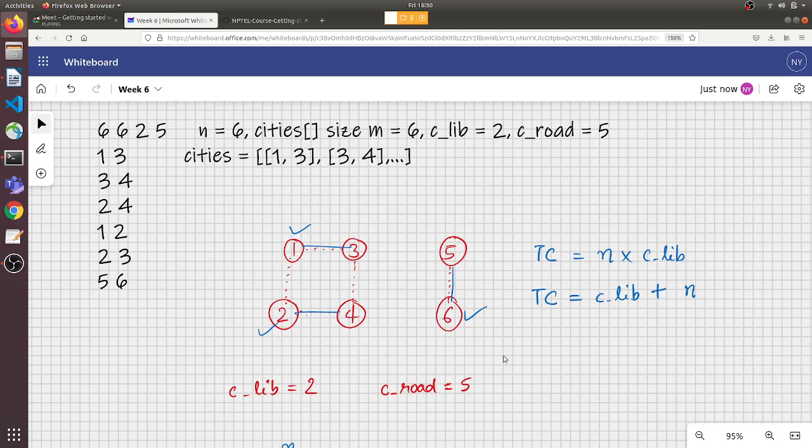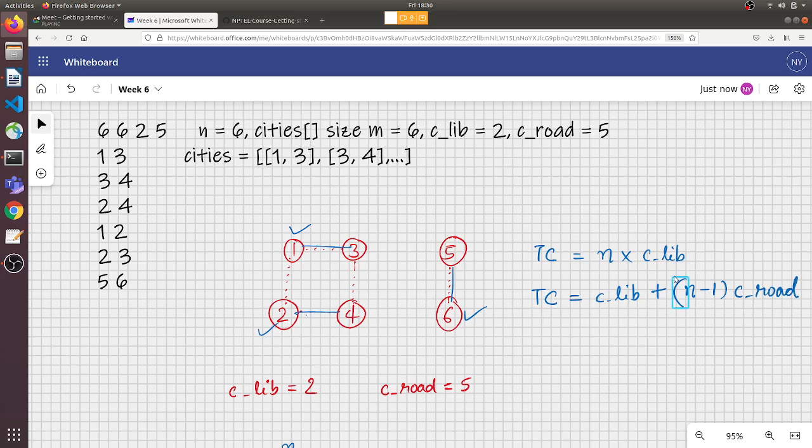Yeah. For example, in this one, 1, 3, 2, 4, since there are four nodes, we need to construct only 3 roads to connect them to each other. If we have constructed 3 roads, then we can traverse from any city to any other city. So n-1 into CRoad.